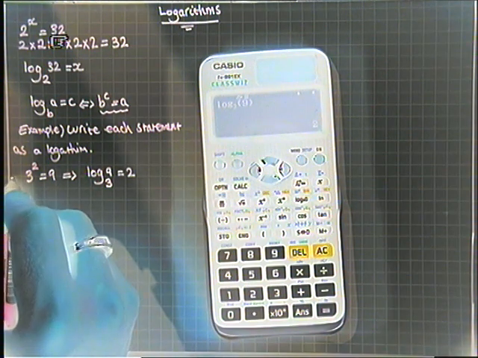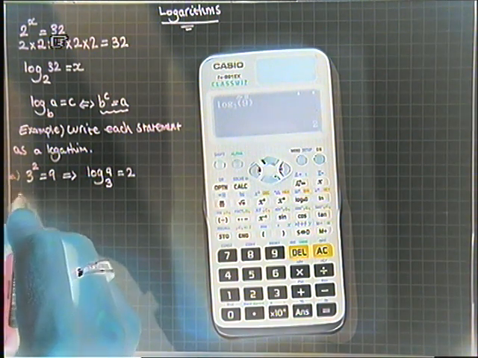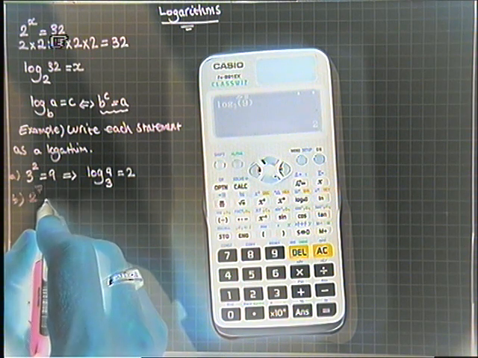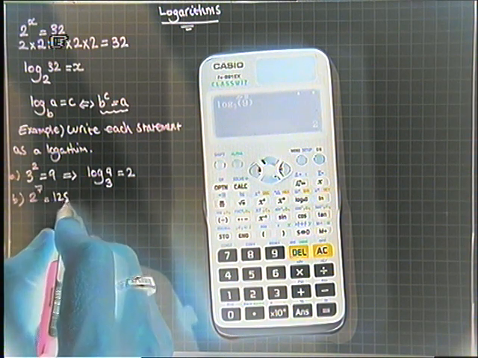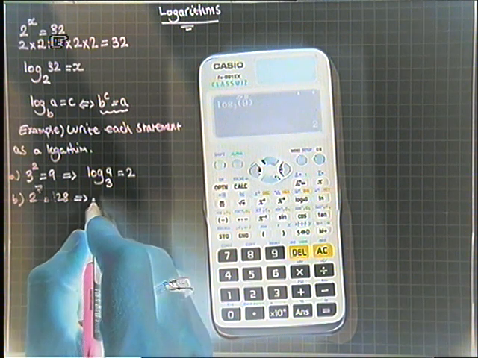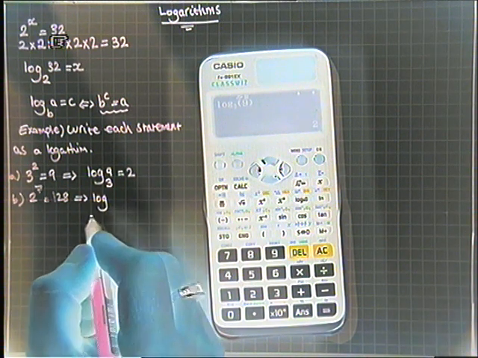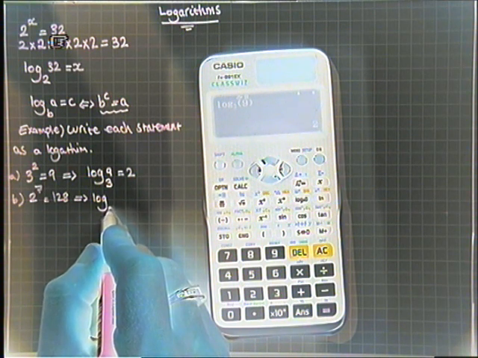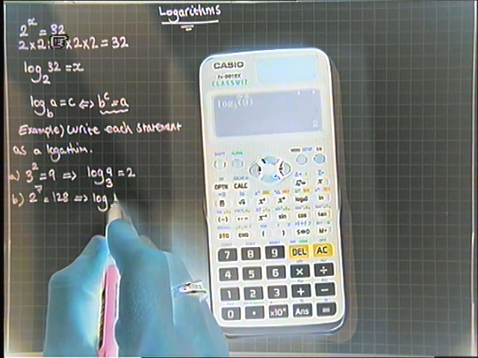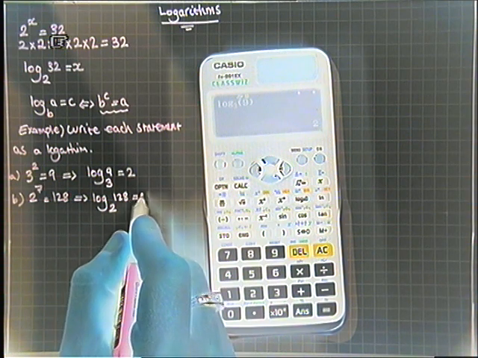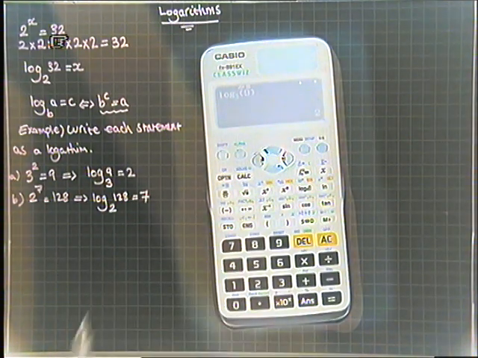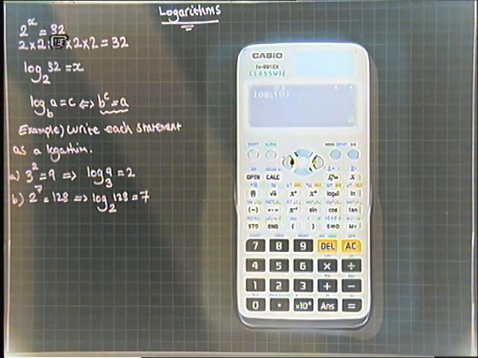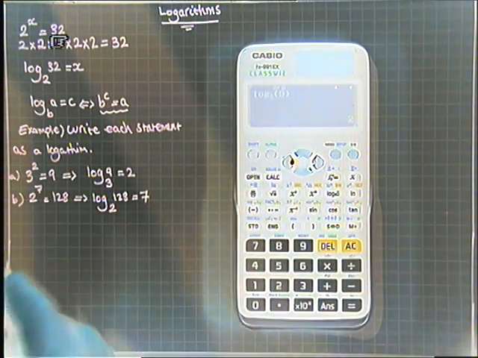Let's look at example B. 2 to the power of 7 is equal to 128. Therefore, log of base 2 of 128 is equal to 7, because 2 to the power of 7 is equal to 128.